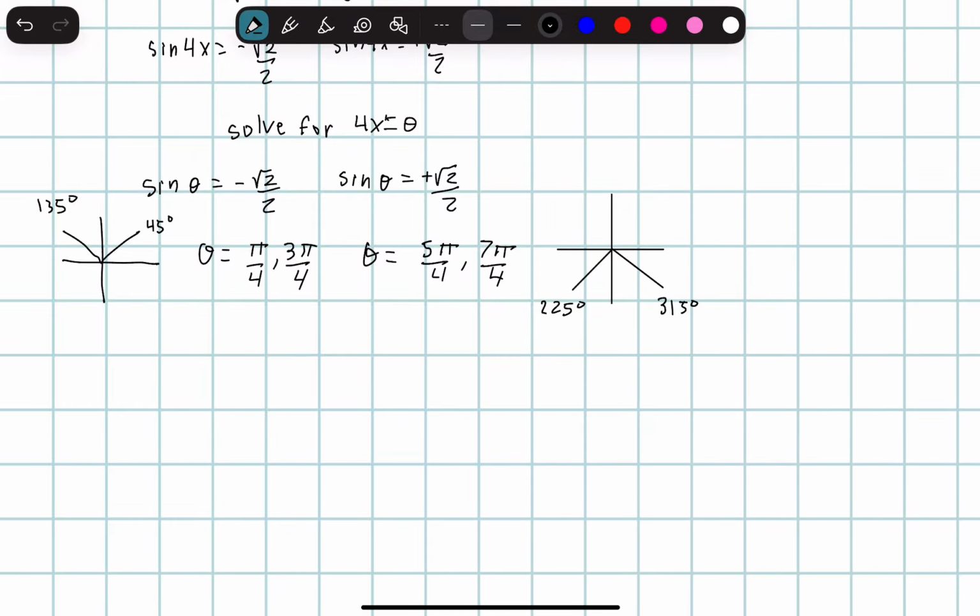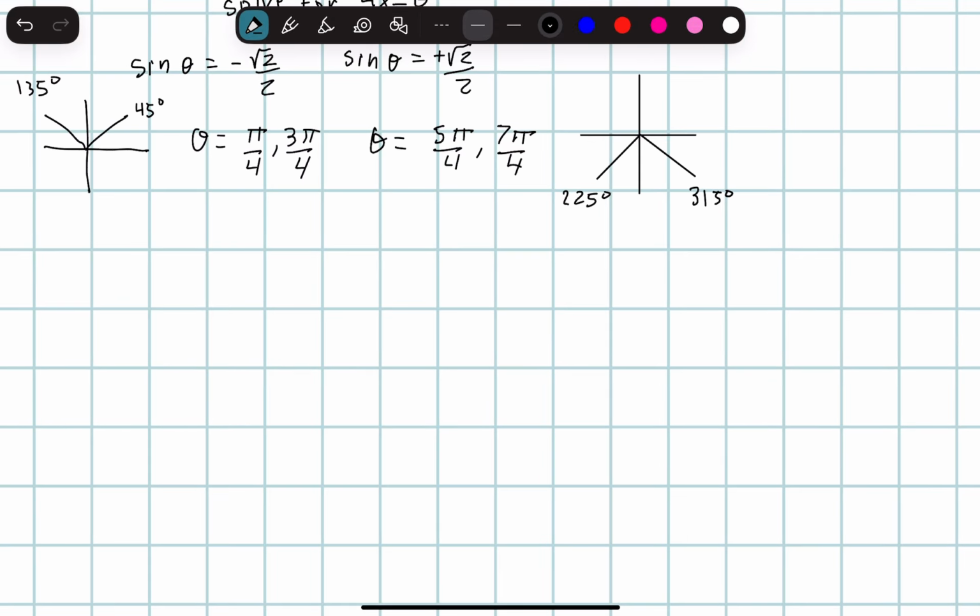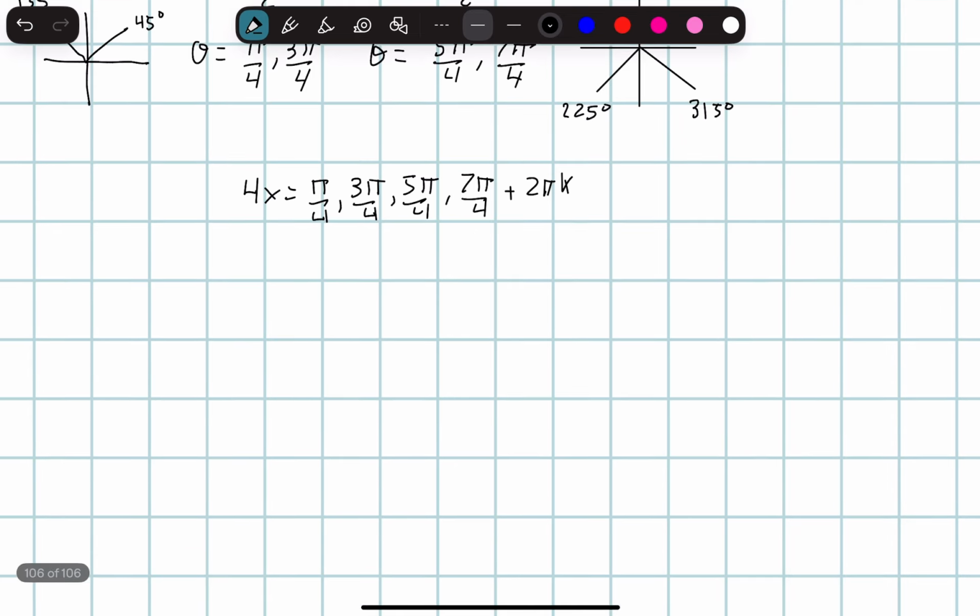Now we can rewrite these solutions as 4x equals pi over 4, 3 pi over 4, 5 pi over 4, 7 pi over 4, plus 2 pi k. Awesome. Now we can divide everything by 4.